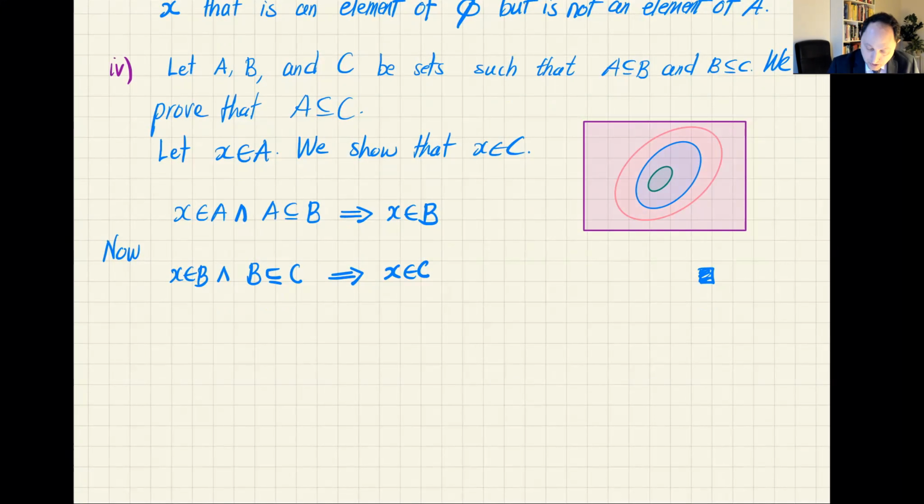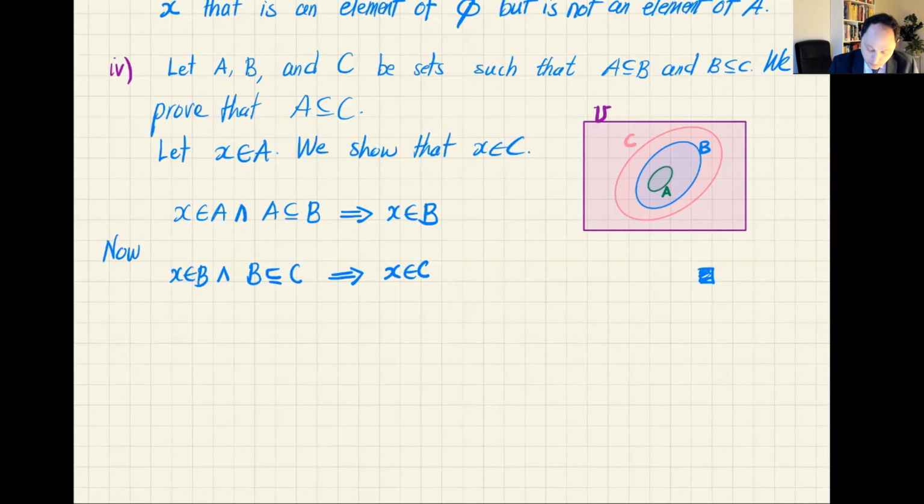So it's clear now that if this set is C, this blue one is B, this green one is A, and this is U. Immediately you see that A is a part of B, is contained in B. B itself is also contained in C. So it is clear that A is also contained in C.